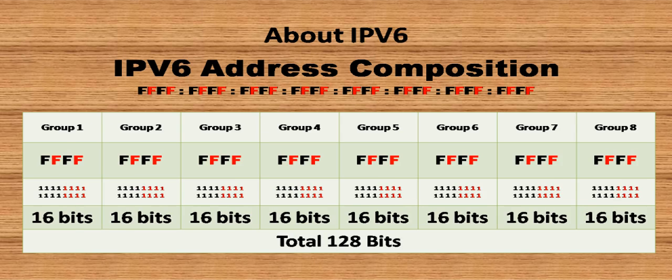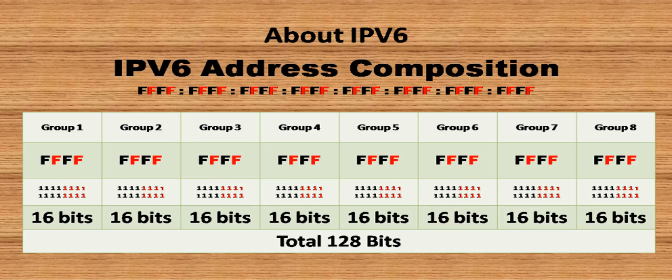So next, let's discuss the composition of the IPv6 address. As you know, the IPv6 address uses the hexadecimal number system. The hexadecimal number system has base 16.